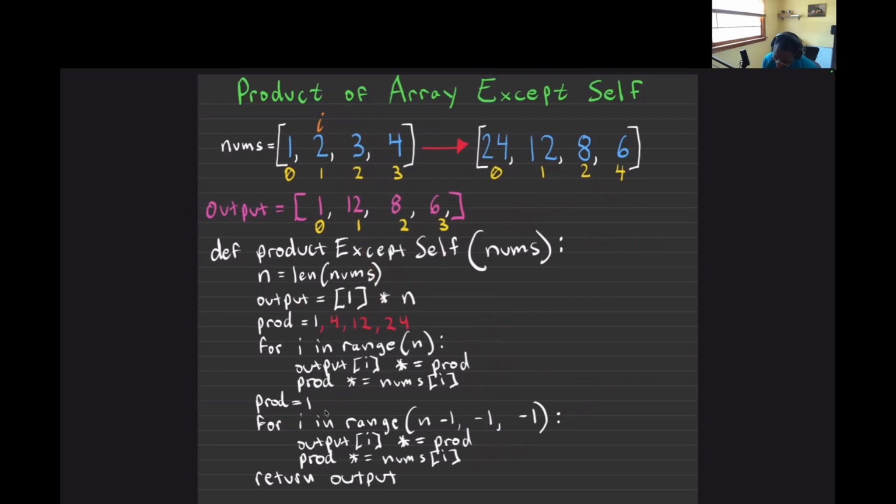Now we're back here. Output of I times equals prod, so this guy gives us a 24. And then prod is equal to prod times nums of I, so prod stays as 24, because 24 times 1 gives us 24.